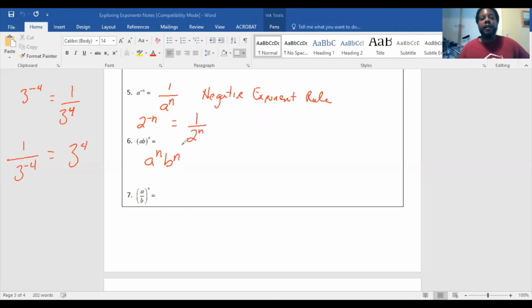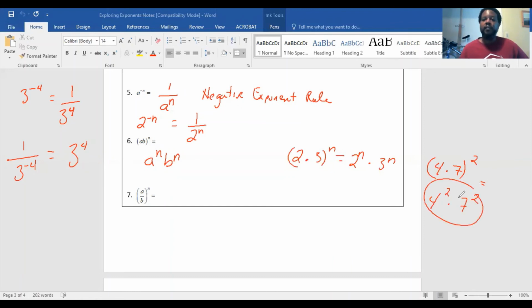If we rewrite it with just numbers, but keeping our n, 2 times 3 to the n power would be 2 to the n times 3 to the n. Replacing it all with numbers, 4 times 7 all to the second power would be the same as 4 to the second power times 7 to the second power.